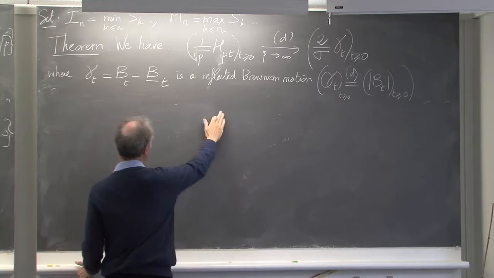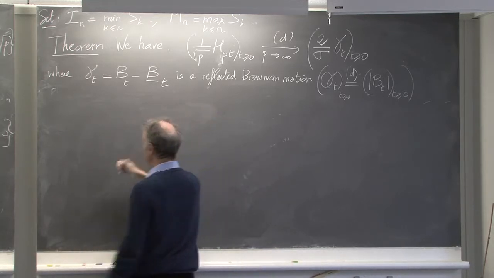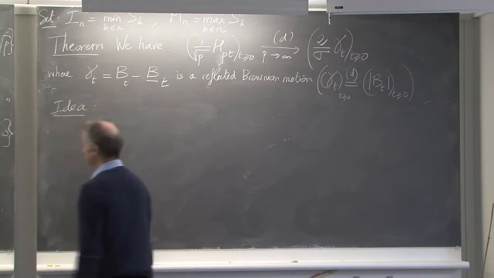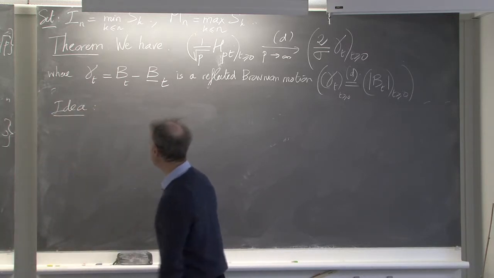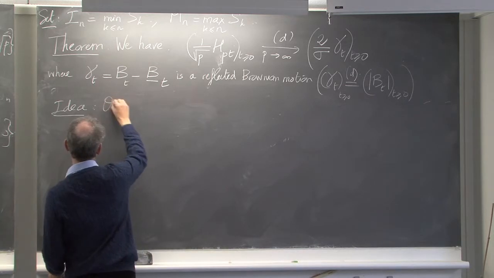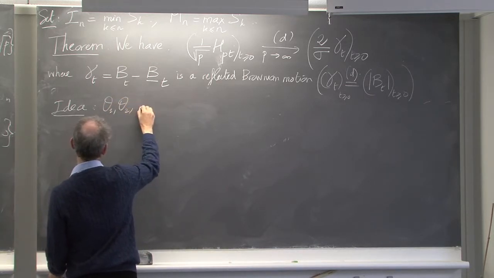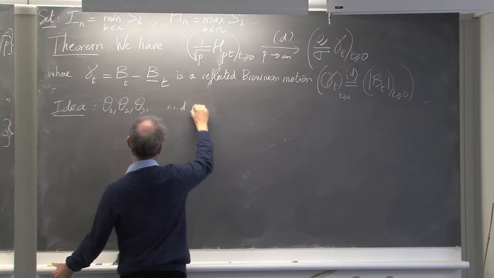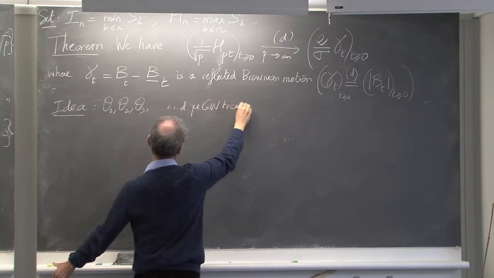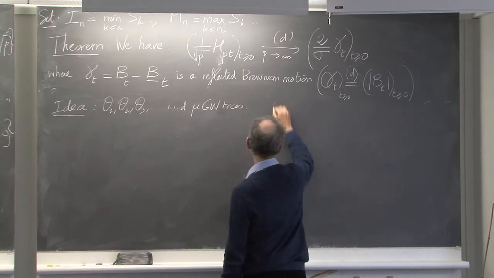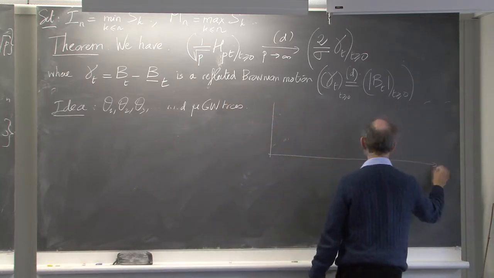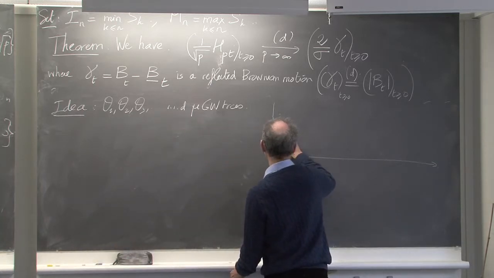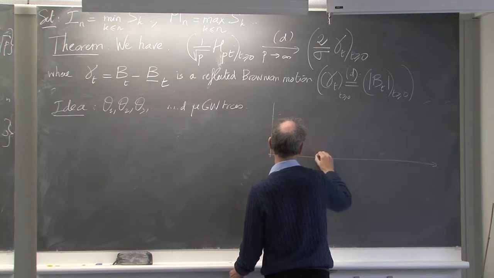Remember that in the discrete setting, what do we have? Well, I was considering a sequence theta 1, theta 2, and I was looking at the height function for this sequence, and this is the picture I did in the beginning.